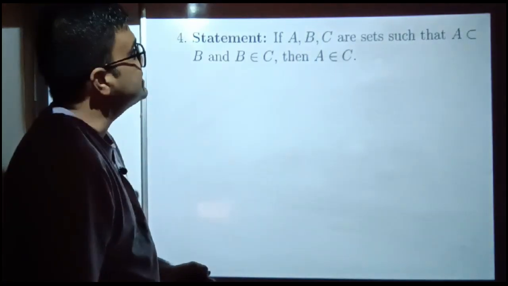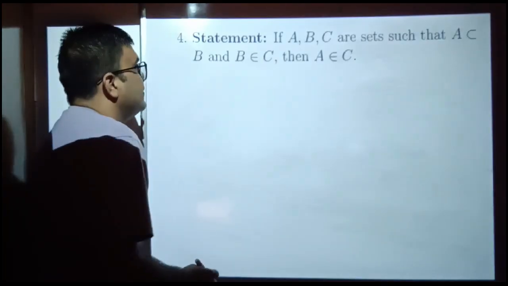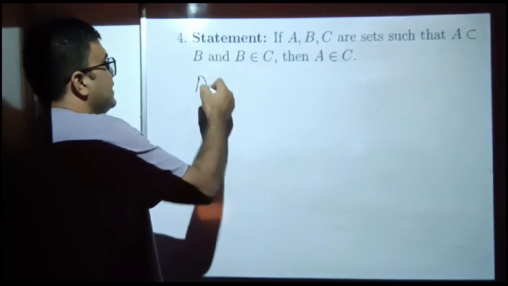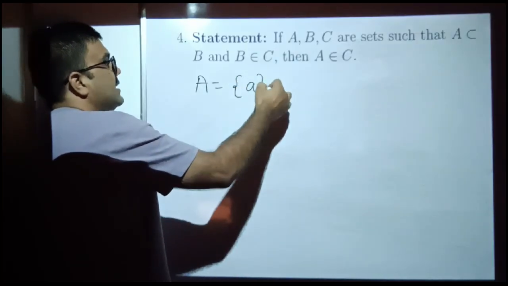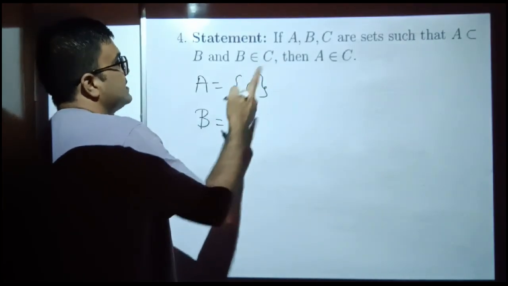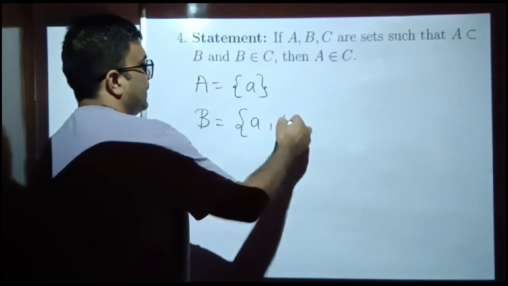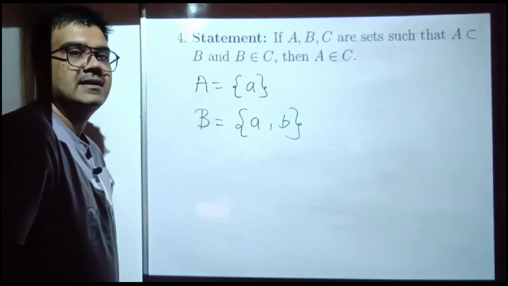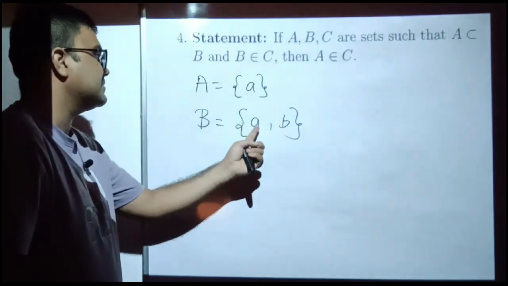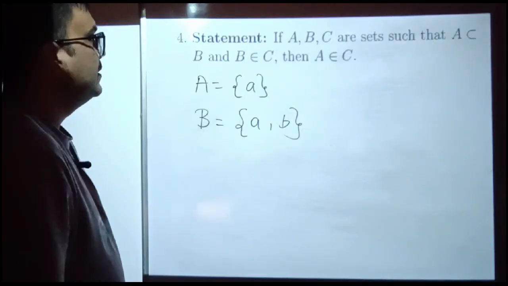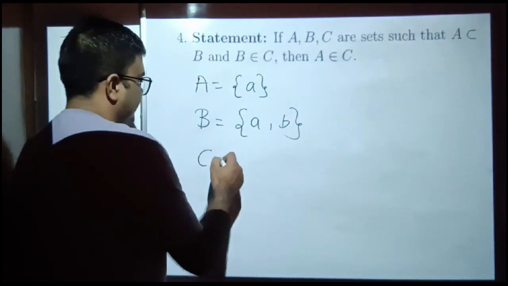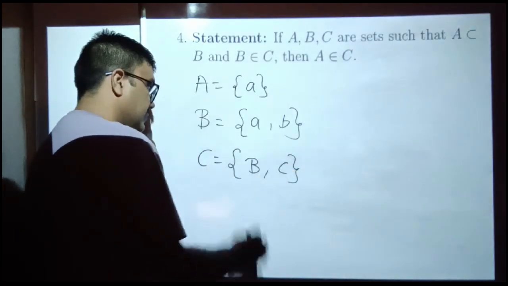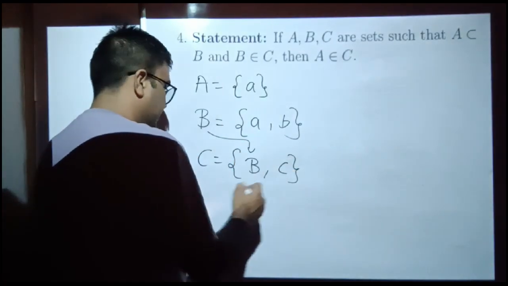If A, B, C are sets such that A is a subset of B and B belongs to C, then A belongs to C. Again, the set A we are considering, suppose it has an element a. The set B, we are saying A is a subset of B. When it is a subset, we will consider it in this form, that the element of A is present over here and B belongs to C. This set B is present over here and element C is there.